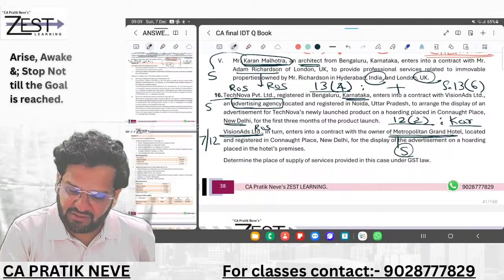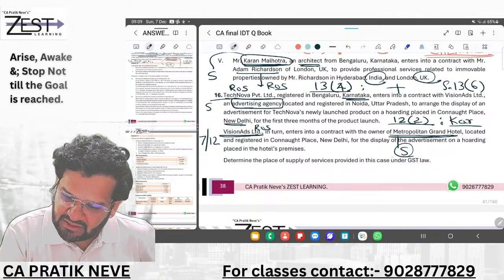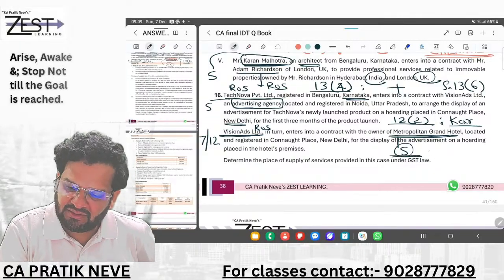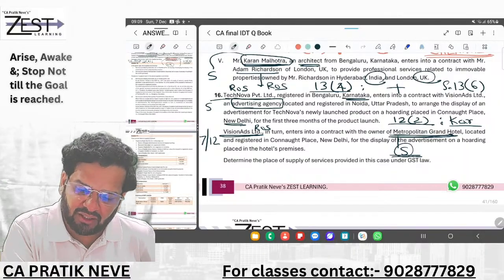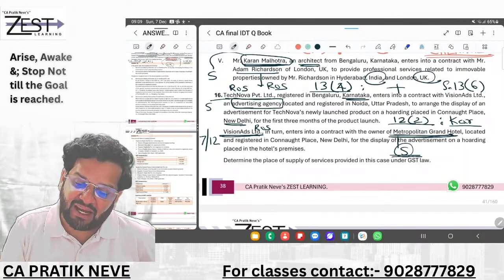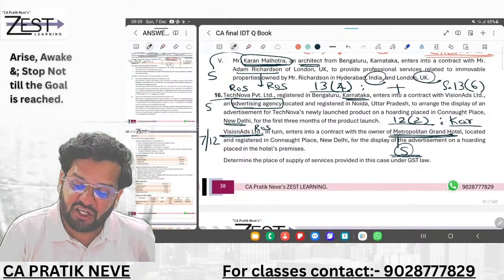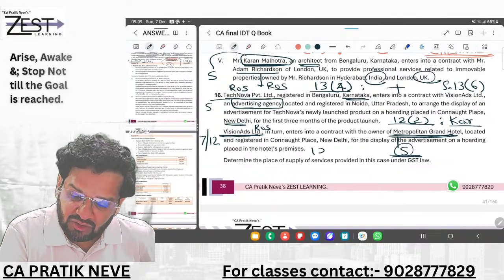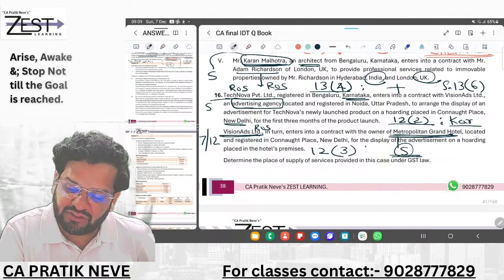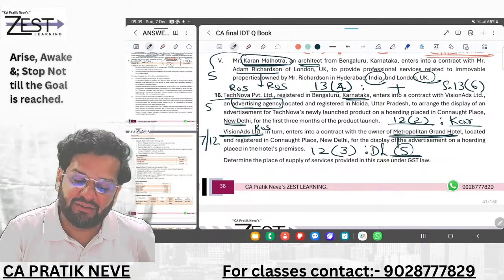So point is, supplier is Metropolitan Grand Hotel, recipient of supply is Vision Ads, and it is service in relation to immovable property. So it will be as per 12.3, and place of supply will be Delhi in this case.